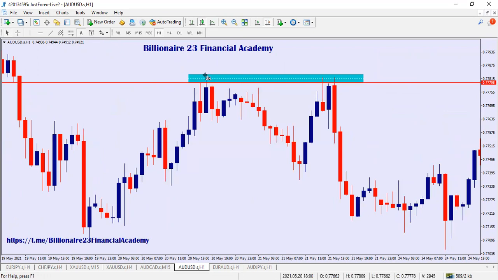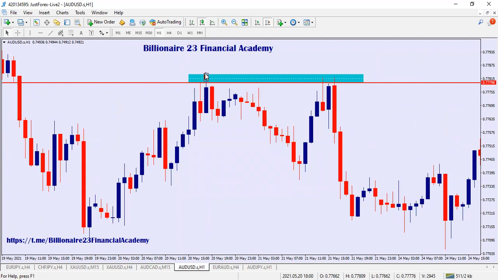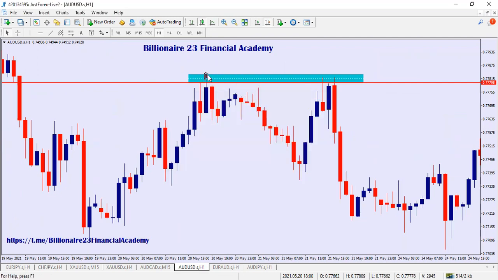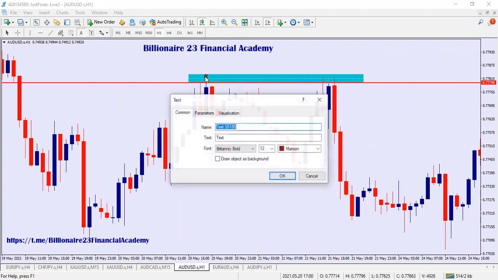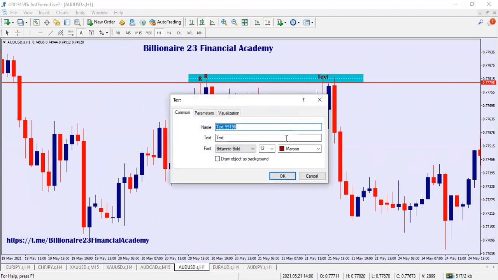So we have resistance one. Okay, I think that's resistance two actually. There's resistance one, resistance two, resistance three, resistance four. So it's a valid resistance area.